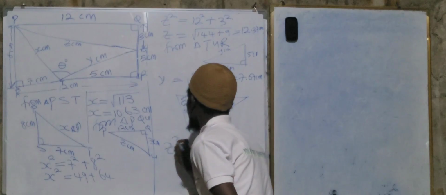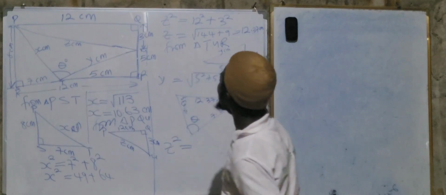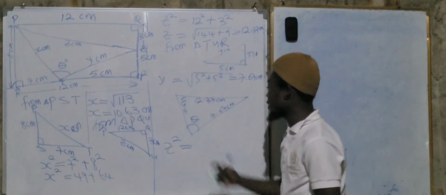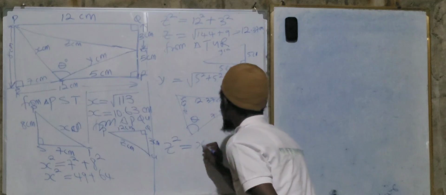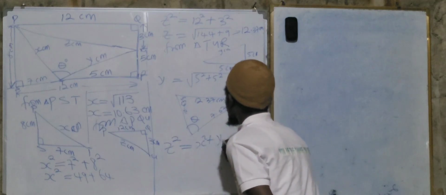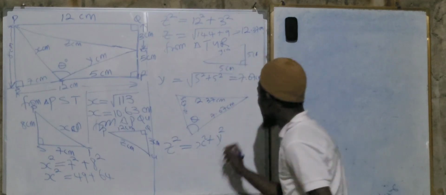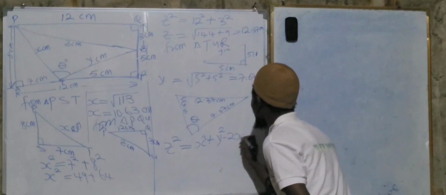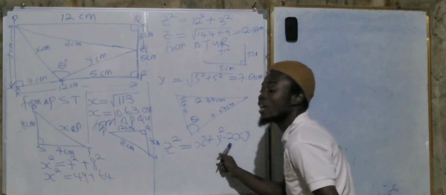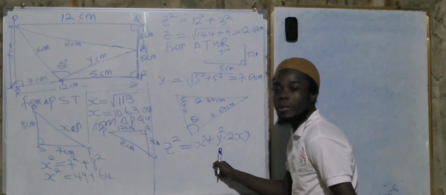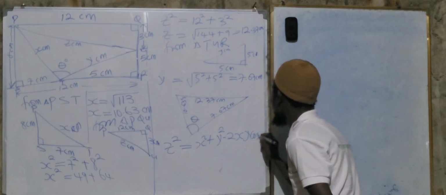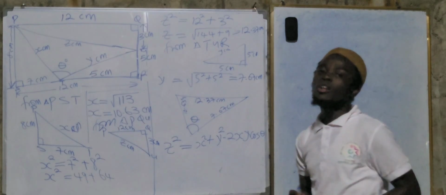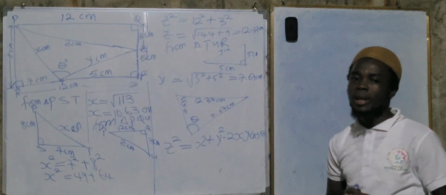Z square is equal to the sum of the squares of the two other sides. Let's start with x. We say x square plus y square, minus 2xy cos of the angle, theta. We don't know the angle. The angle is what we are asking for, right?